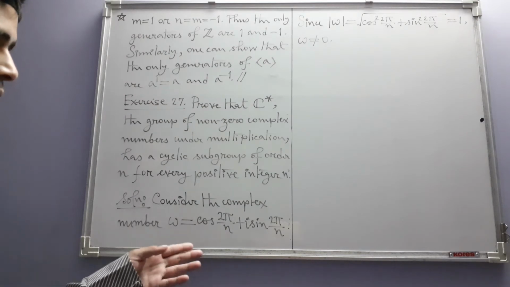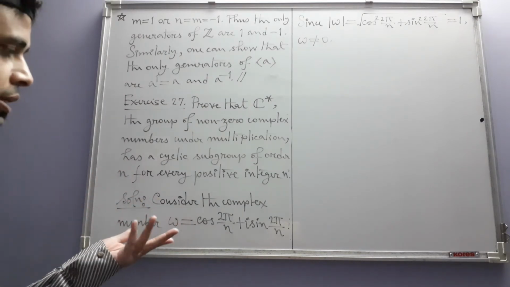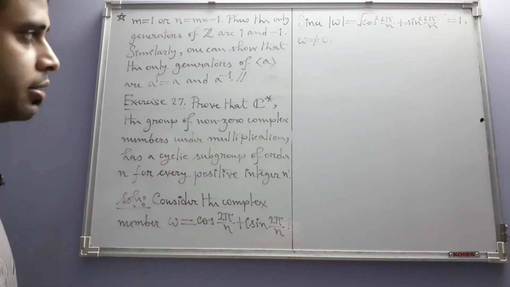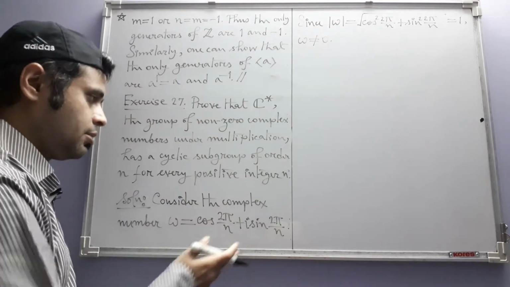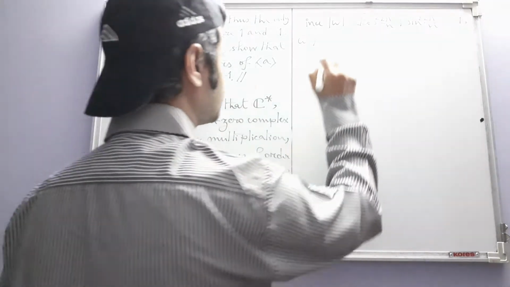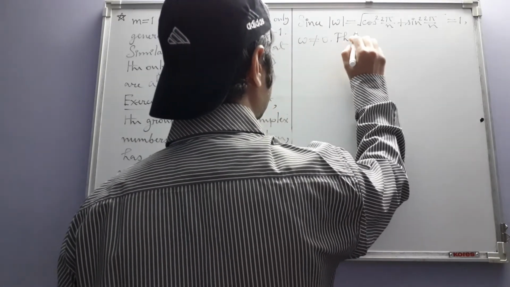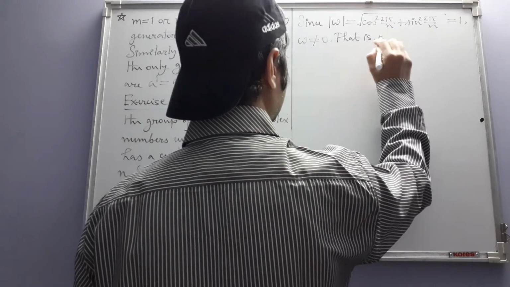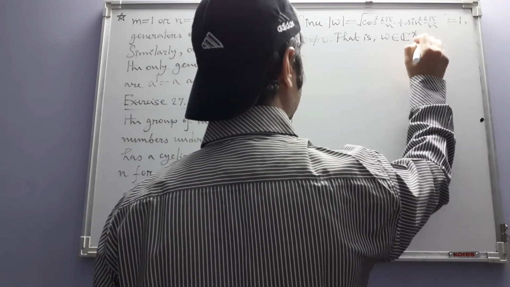It's a complex number of absolute value 1. So it is a non-zero complex number naturally, because only the 0 in the system of complex numbers has absolute value 0. That is, omega belongs to C star.